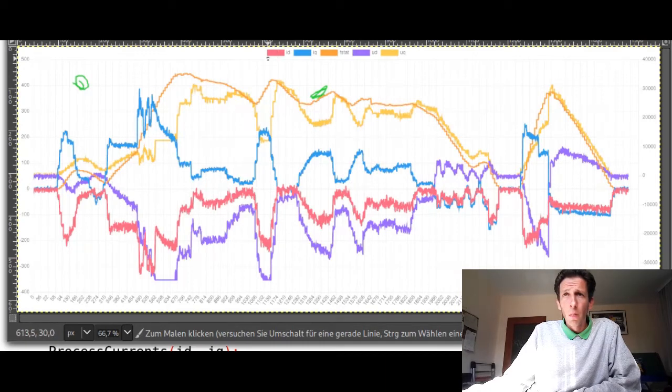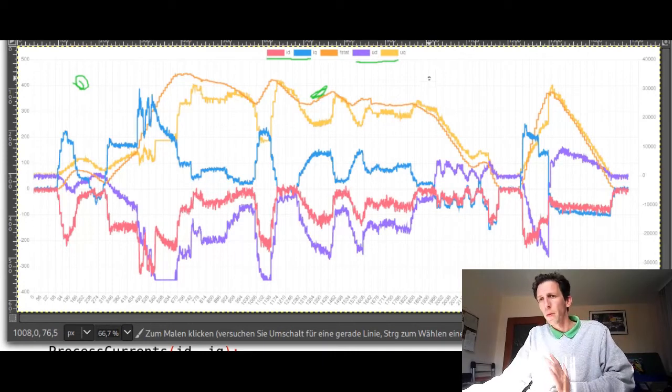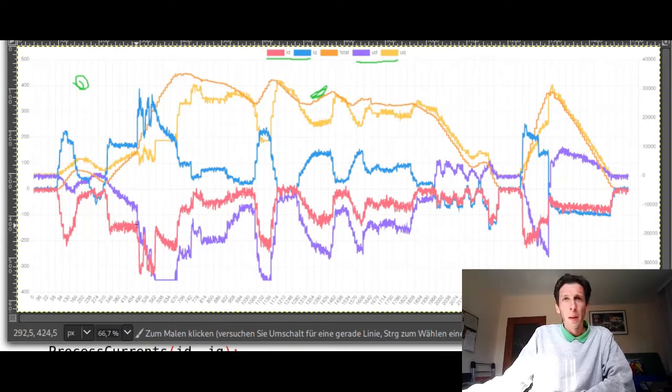The red and blue are our D and Q currents, and the purple and yellow are our D and Q voltages. So now we can see how the controllers generate the voltages to obtain their control target.